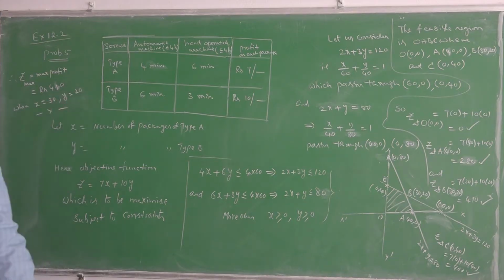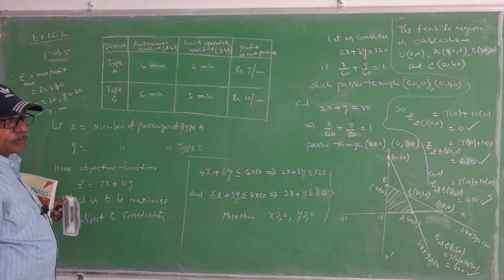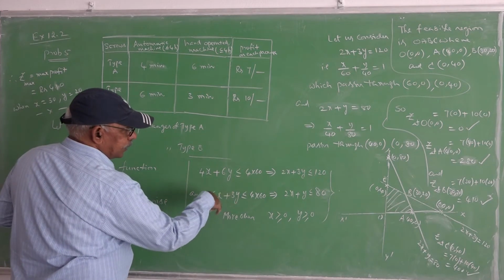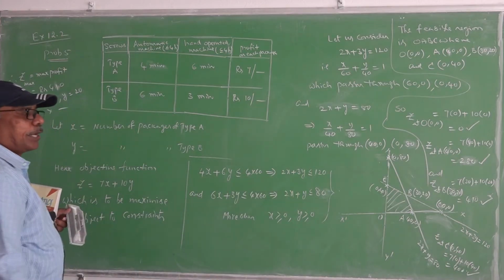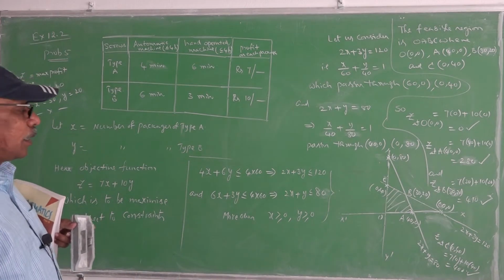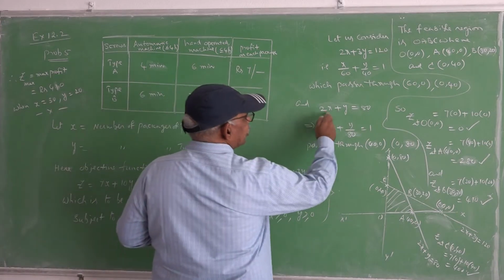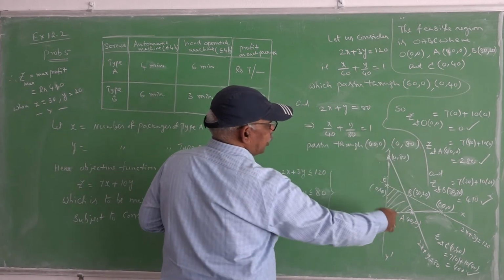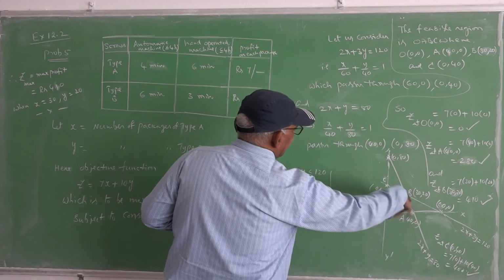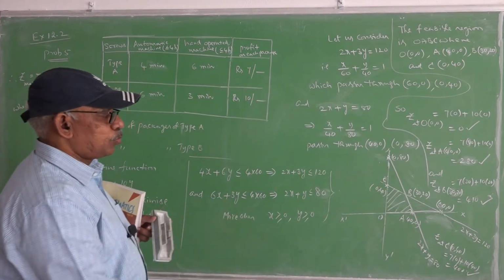Actually, that is the problem here. Once you cancel 3 throughout the inequality, we get only less than or equal to 80. Corresponding to this, the straight line becomes 2x plus y equal to 80, so that it passes through 40 comma 0 and 0 comma 80. Hence, we get the feasible region as OABC.